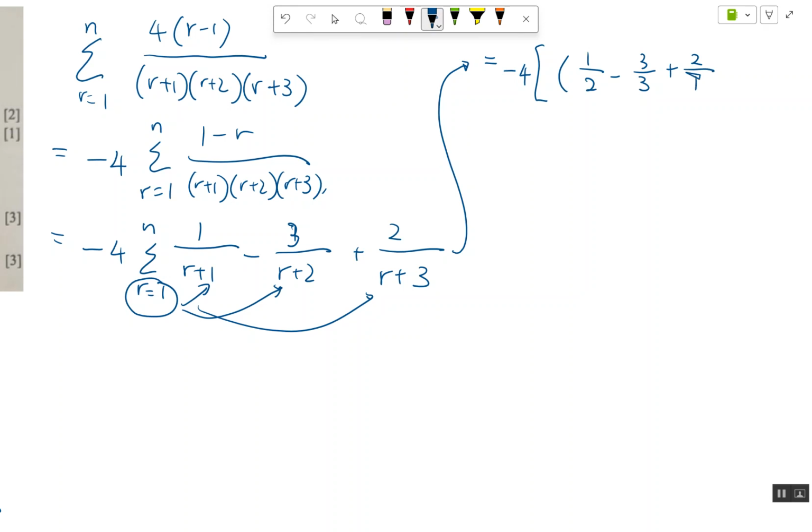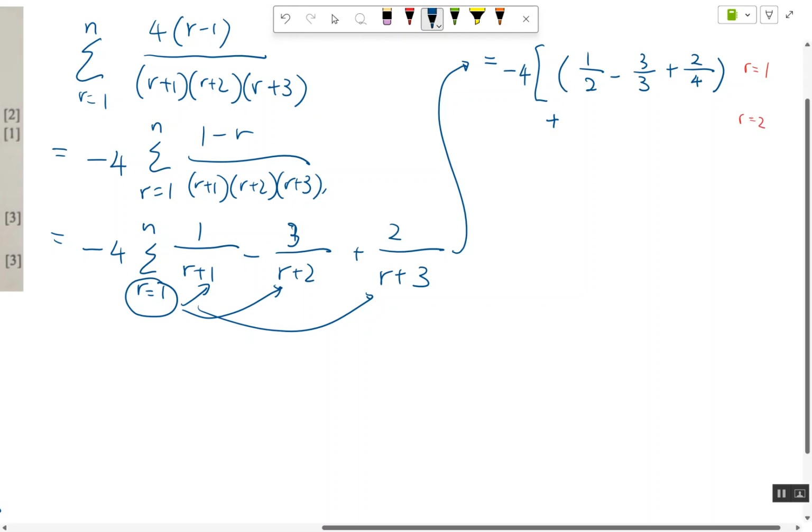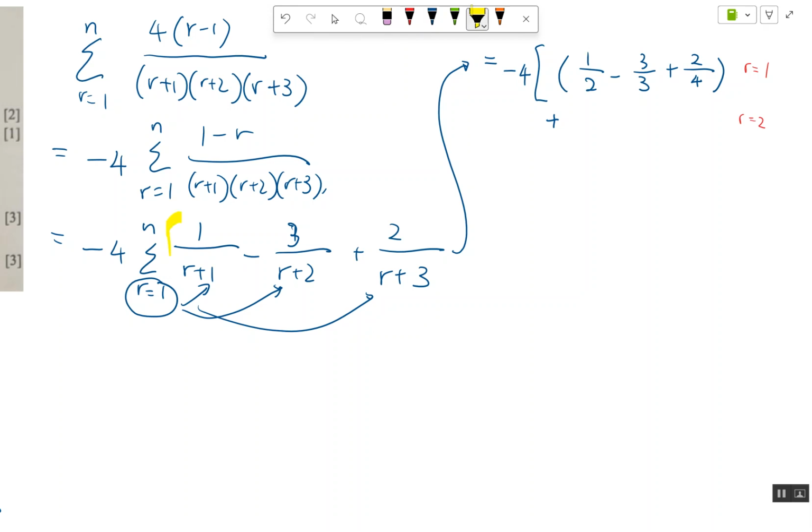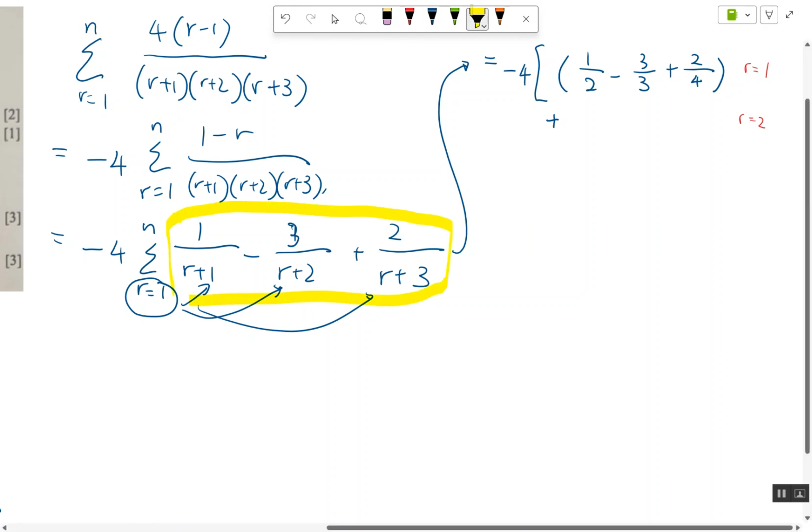Even though this whole thing comes up to 0, I do not say that they are equal to 0. Don't be naive and think that it is going to be 0. So no, I'm not going to do that. Plus now I'm going to write r equals 2. I sub r equals 2 into my 3 fractions over here, the one that is in yellow.